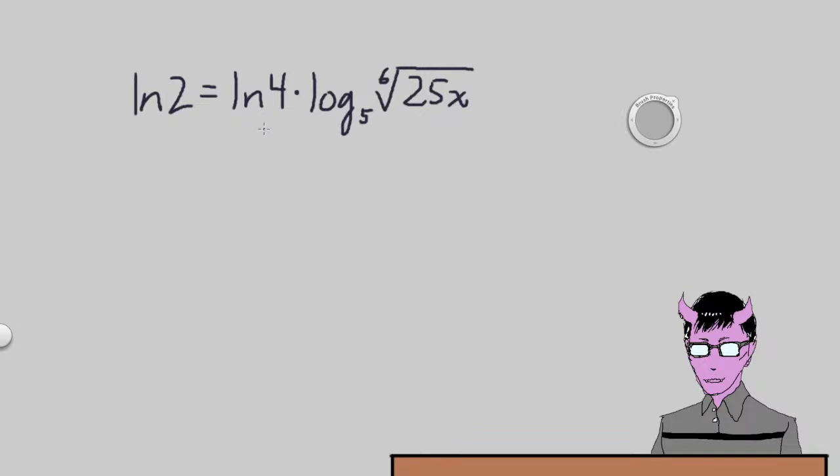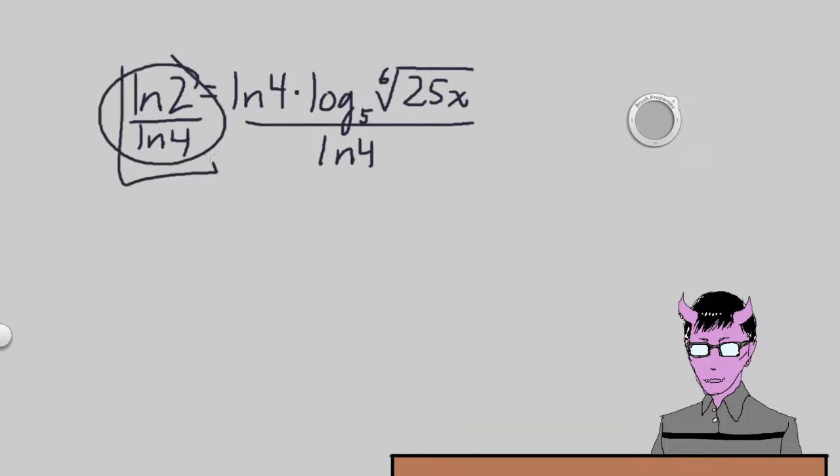So what we can do is we can at least get those two together. Let's divide natural log of 4 from both sides. So divide by natural log of 4, divide by natural log of 4. We're doing that because we want to consolidate the natural logs together. Because now, if you recognize this, this is a prime candidate for change of base rule. So hence this division move.